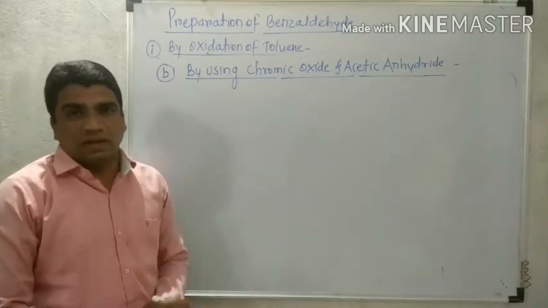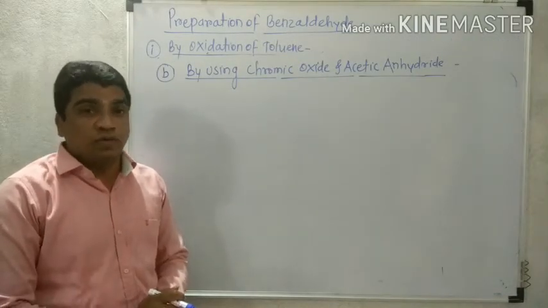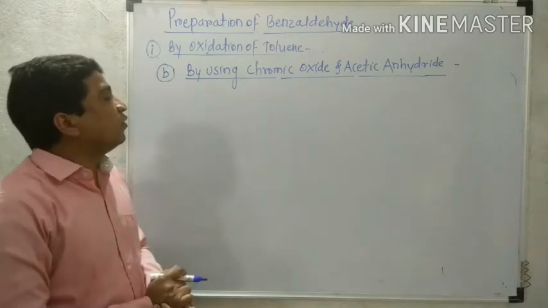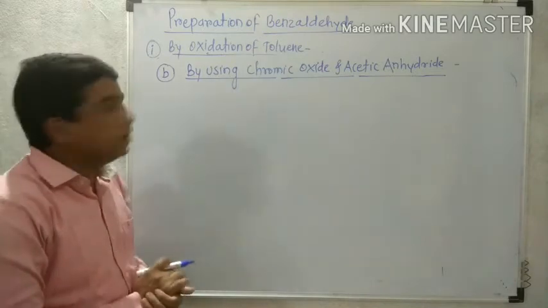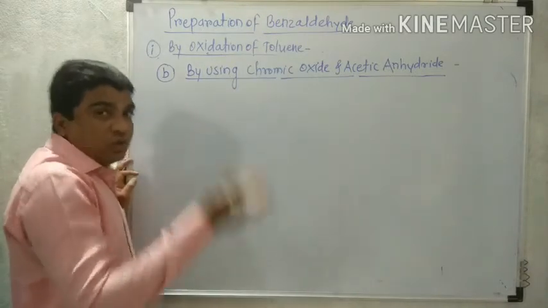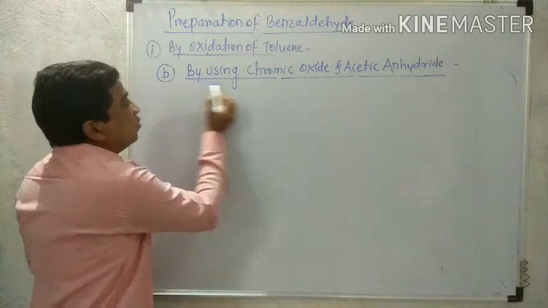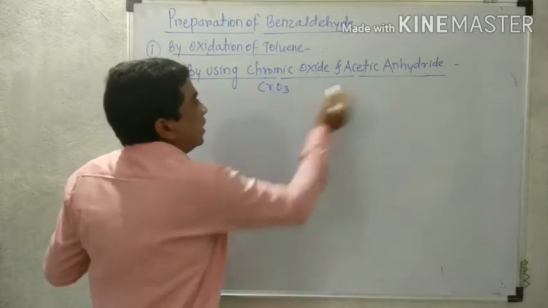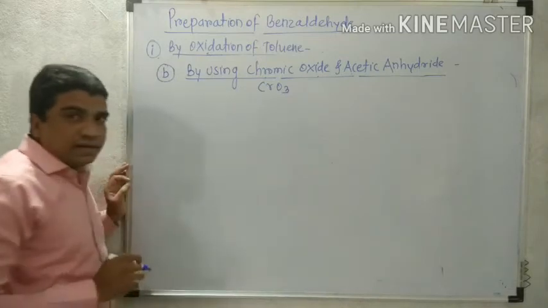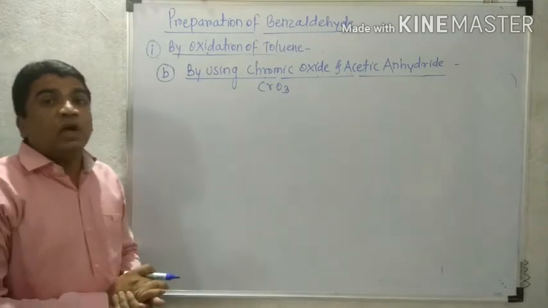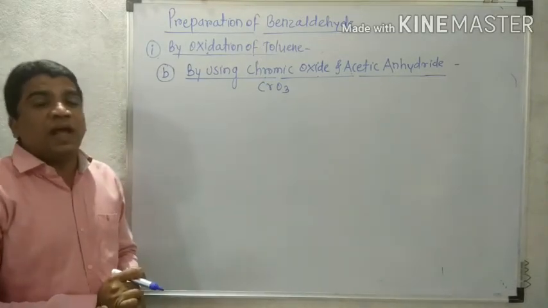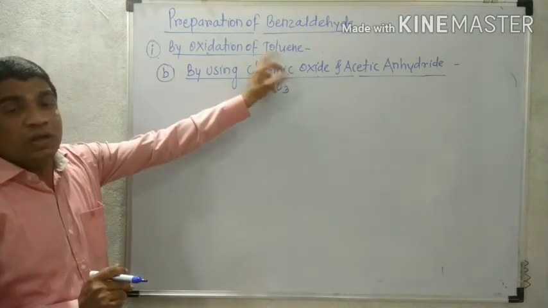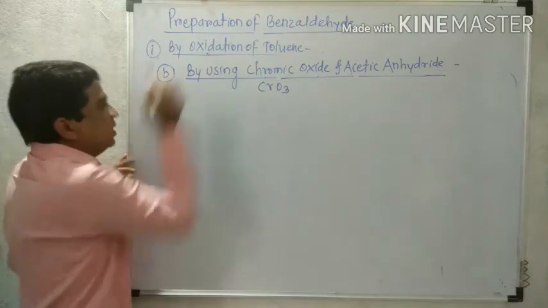Now the second method for the oxidation of toluene, like the Etard reaction, uses another oxidizing agent, that is chromic oxide, having formula CrO3, and acetic anhydride. Here the oxidizing agent is chromic oxide, but with acetic anhydride we can again convert toluene into benzaldehyde by the oxidation method.